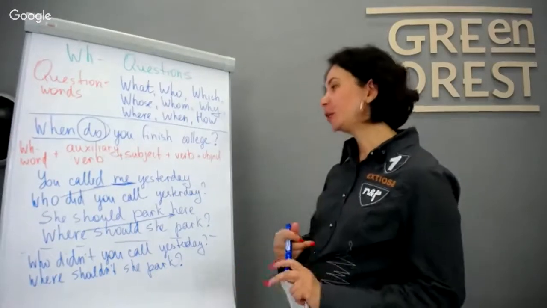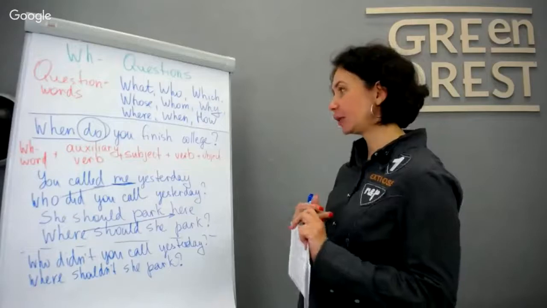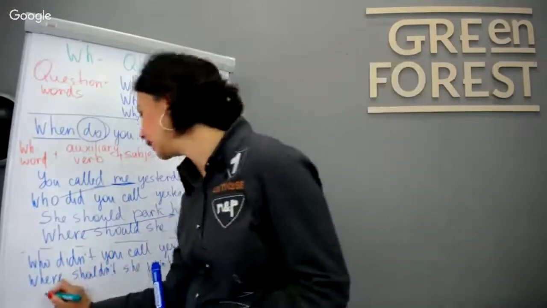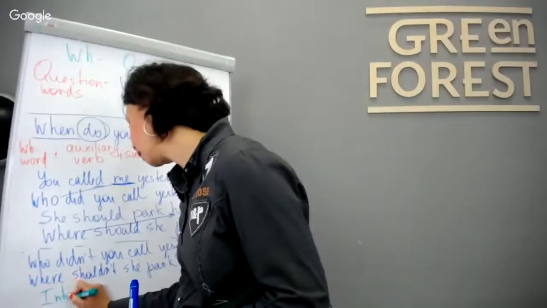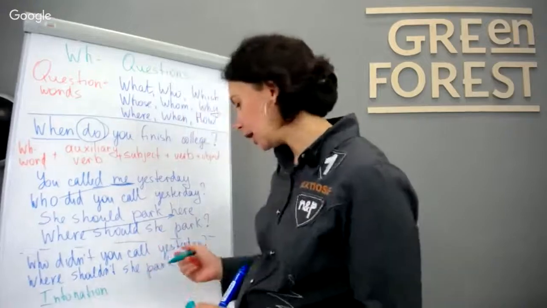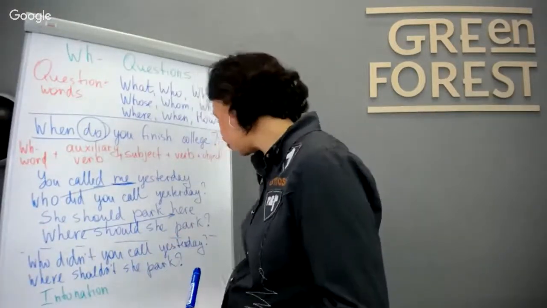Also, I'd like to talk to you about intonation. Usually, when we create a WH question, we have intonation that is falling. I will write you over here, intonation. And the intonation is falling.